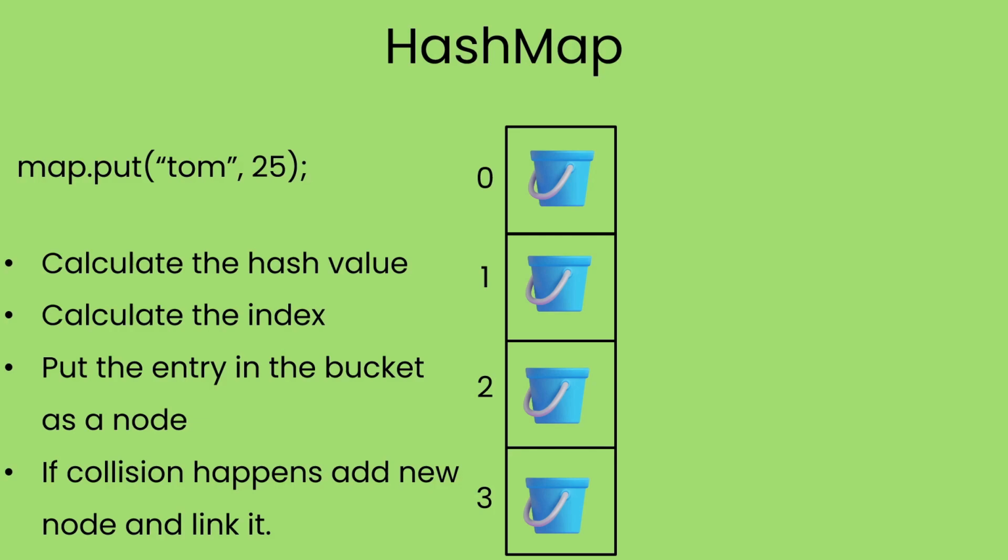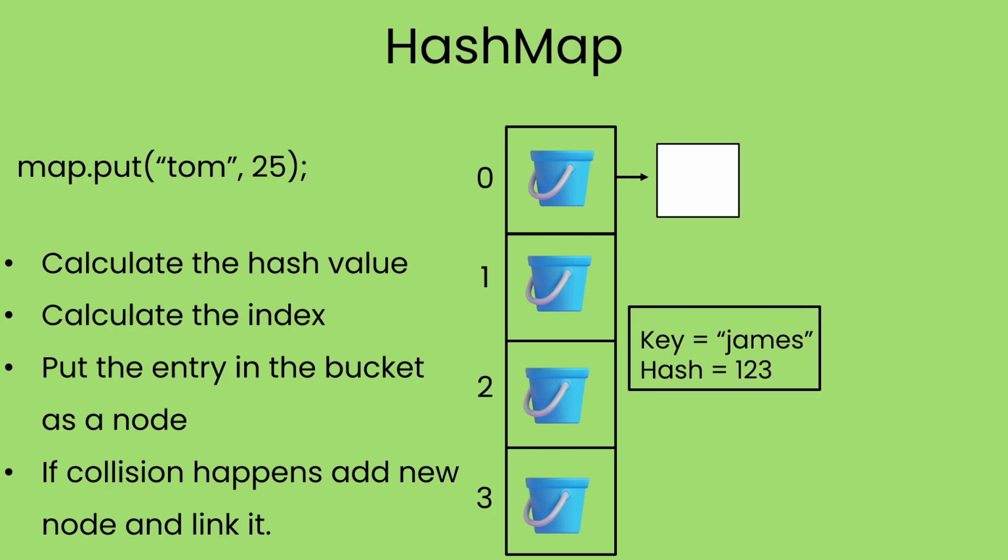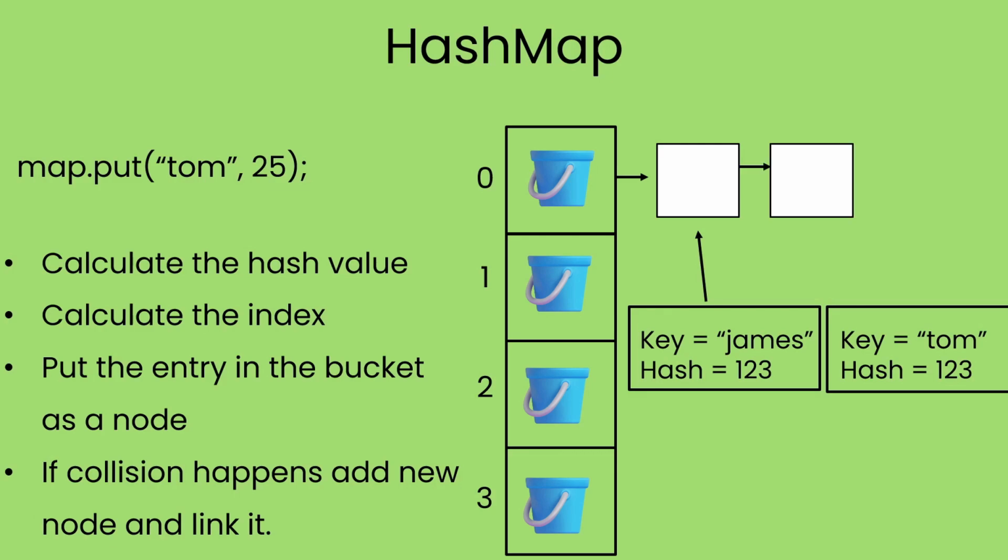So what is collision? Collision is such a case when two different keys will produce this same hash value. For example, if we have key James and hash is 23, and we also have another key Tom and it has the hash value 123, same hash like before, in this case we will be adding new node and linking it to the previous one.